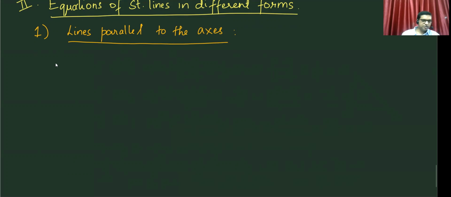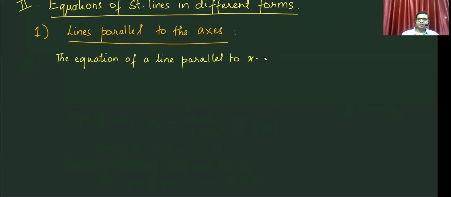So the equation of a line parallel to x-axis is y equal to k.